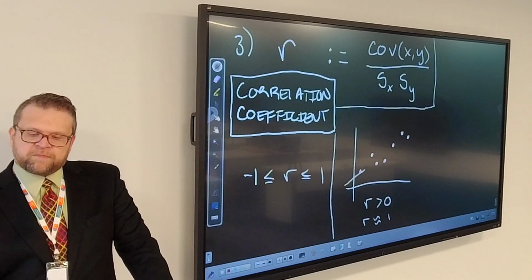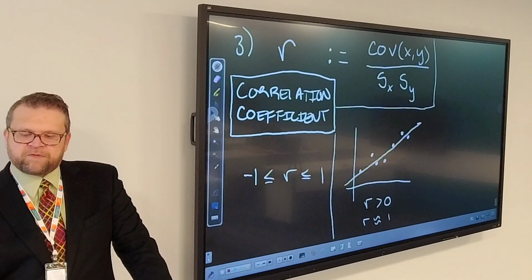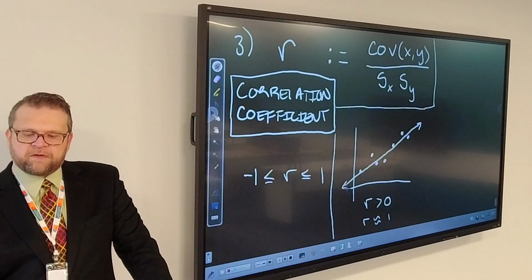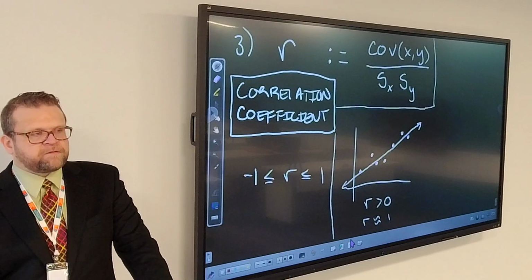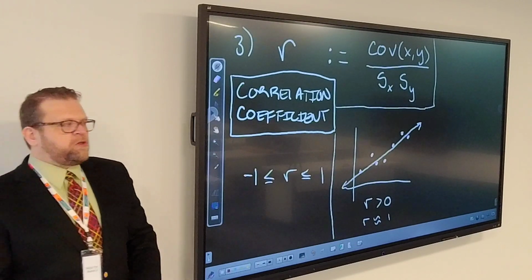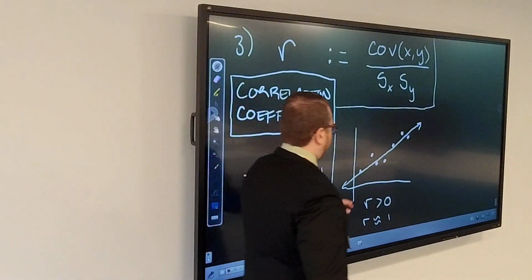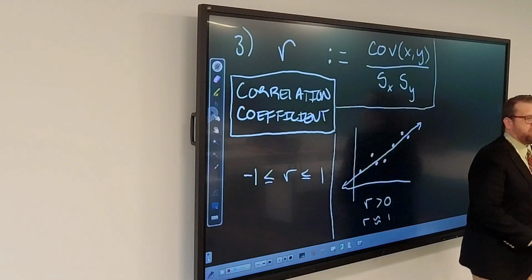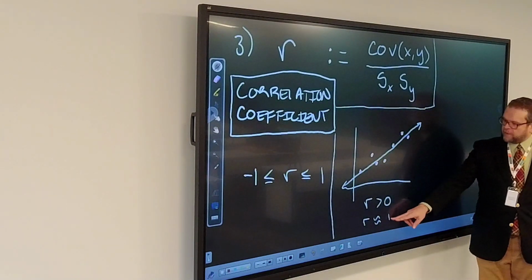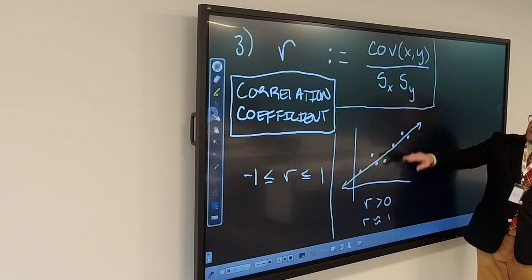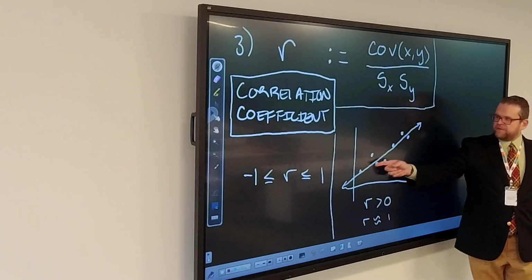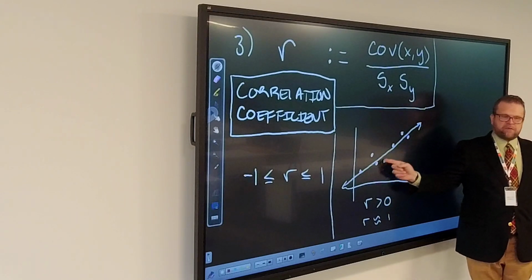It's close to 1 because look at how tight of a grouping it makes up near that line. The points are close to the line, so the R value is close to 1. It must be positive because what is the slope of this line, positive or negative?